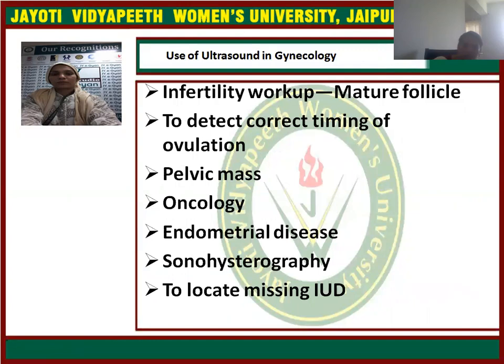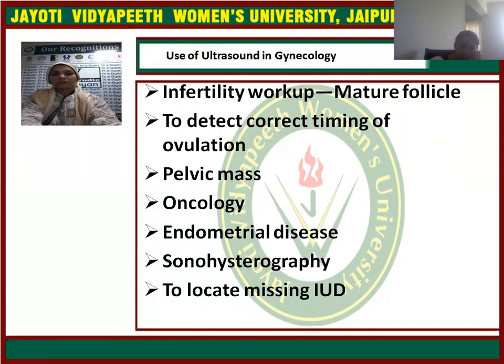Use of ultrasonography in gynecology, specifically in infertility cases, as we have already seen: follicular studies, to detect the correct timing of ovulation. Any pelvic mass present can be diagnosed with ultrasound. For oncology purposes, any malignancy related to the genital tract can be diagnosed.